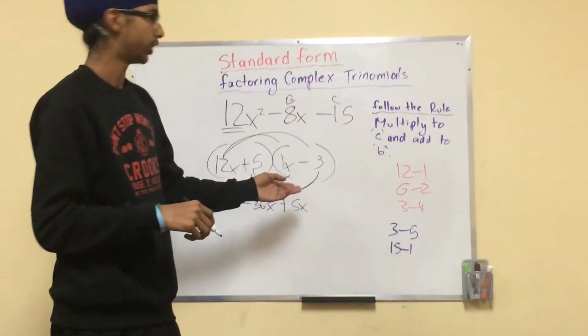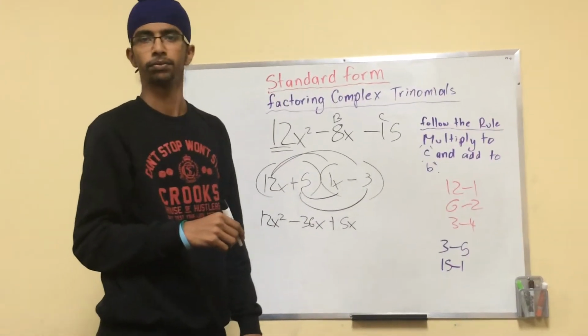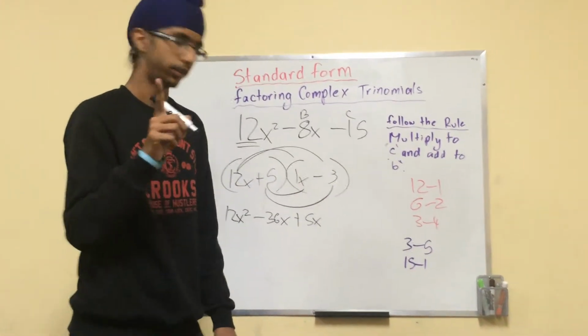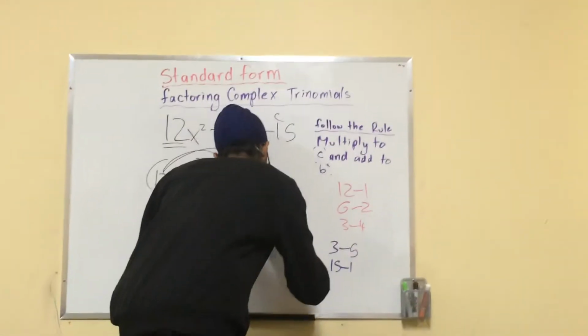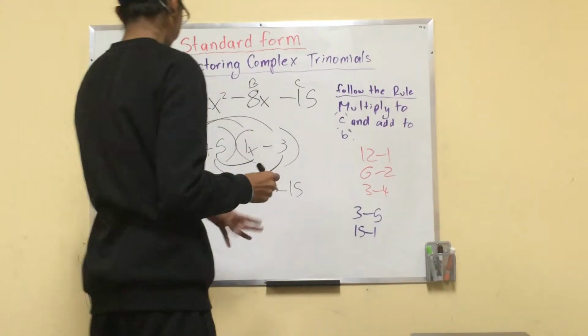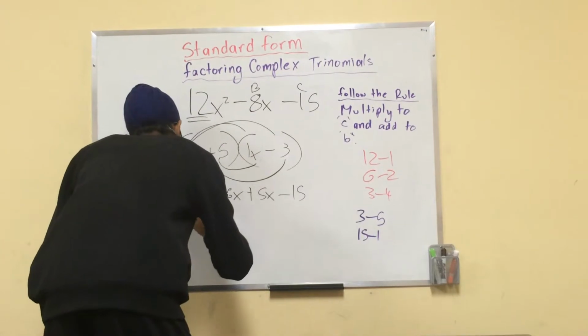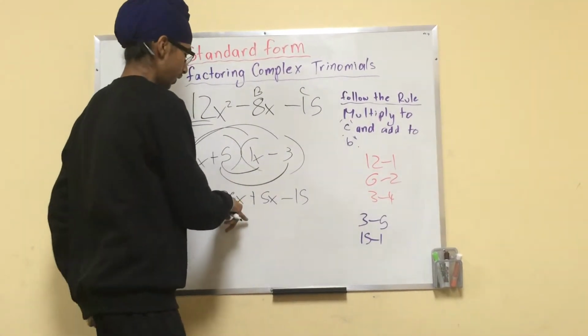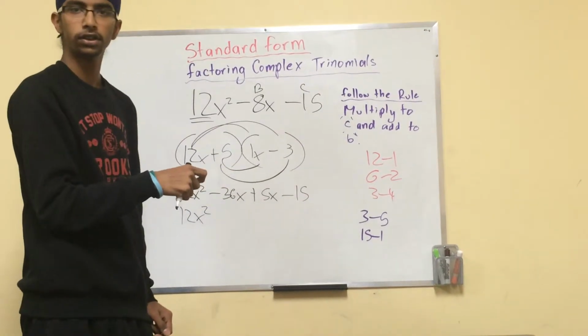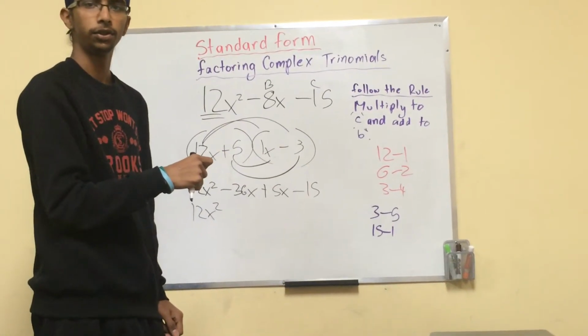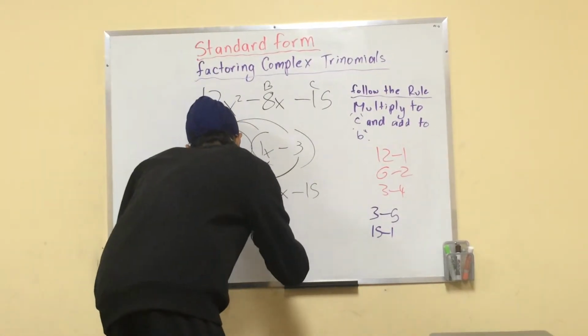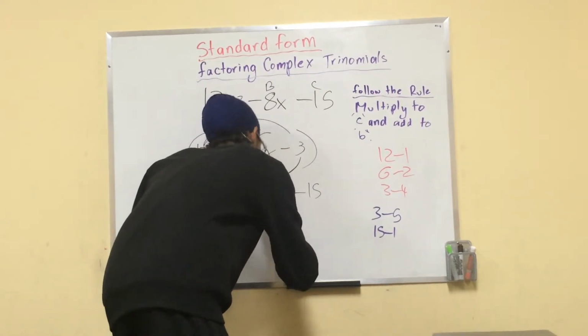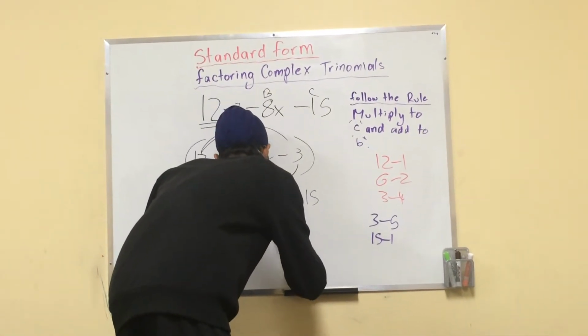And now what's 5 times negative 3? Negative 15? Negative 15, correct. So now when we add these together, it's going to be 12x squared. What's negative 36x plus 5x? Negative 31x? Correct. And then you just bring the negative 15 down.